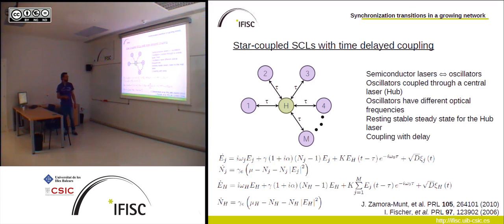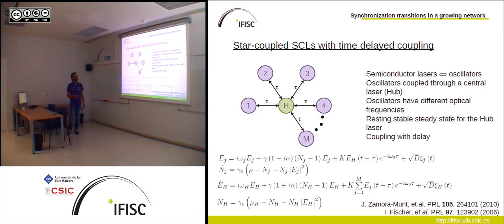Notice that we have used basically the same parameters for all the lasers, except for the frequencies of the star lasers, which in our case have a Gaussian distribution of frequencies. The frequency of the hub, in our case, we choose as the central frequency of this Gaussian distribution. Also important, the pump current of the star lasers is the same for all the star lasers, and this pump current is different from the pump current of the hub laser.